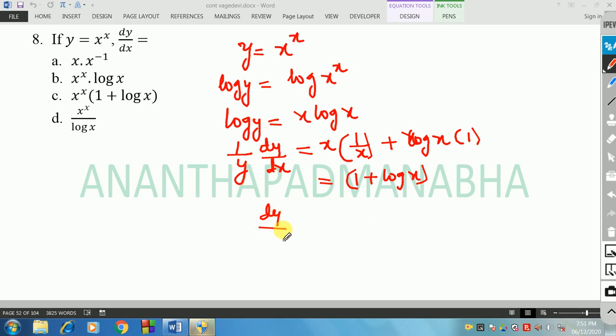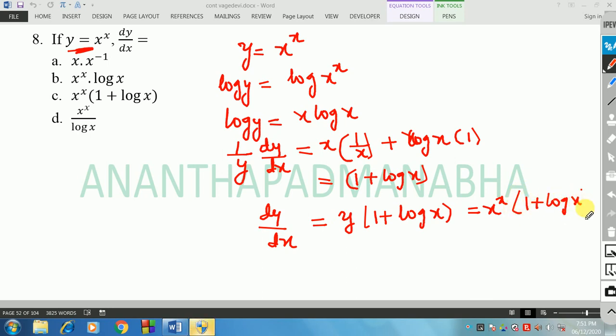In the next step we'll take y to the right hand side, so we get y into 1 plus log x, but y is equal to x to the power of x, this is given. So therefore x to the power of x into 1 plus log x is the derivative of x to the power of x. So I have option C here, x to the power of x into 1 plus log x. So you can remember this result.